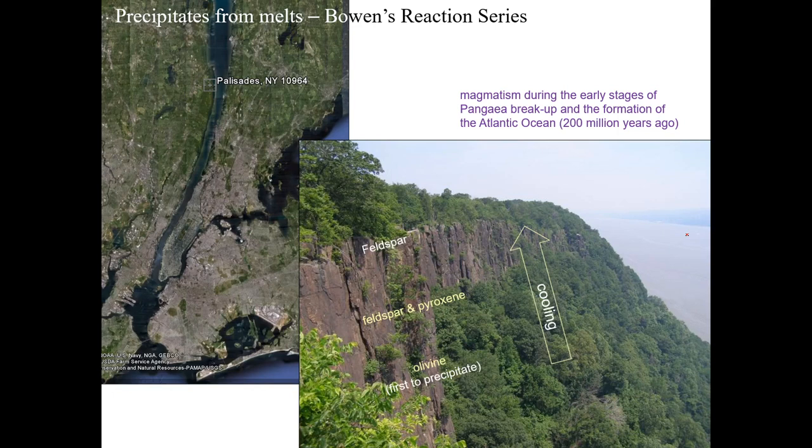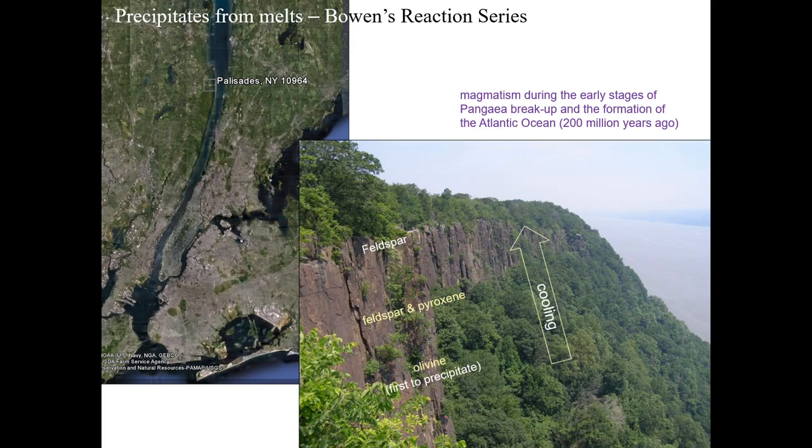So, for example, if you go to the Palisades in New York, along the Hudson River Valley, there are these beautiful Palisades, and this is literally a big magma body of basalt that cooled slowly, and you literally see Bowen's reaction series played out.